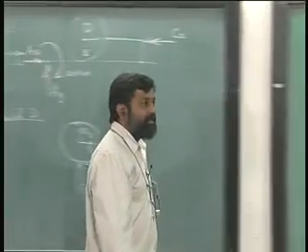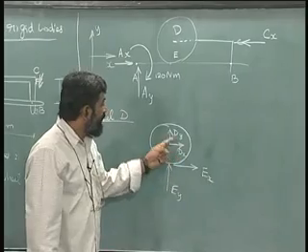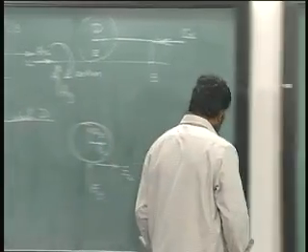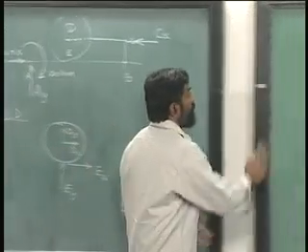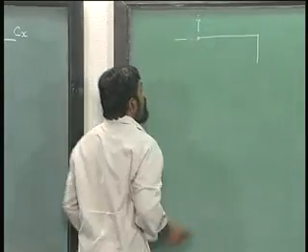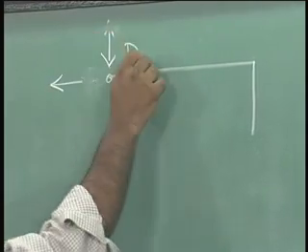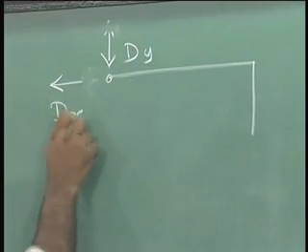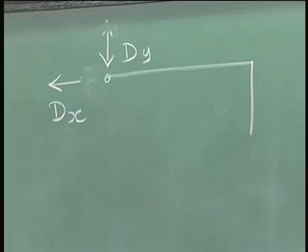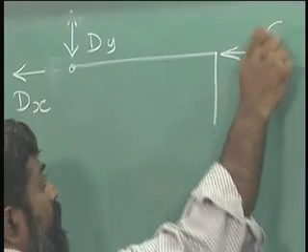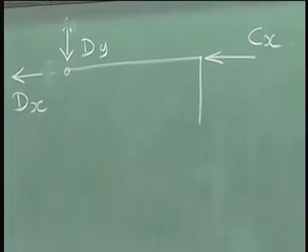For now, since we already know that we have drawn dx and dy in this direction, we will take equal and opposite directions for this point D. So this is dy, dx. So we have finished this. Looking at this, there is a restraint offered here, so we will just stick to that.